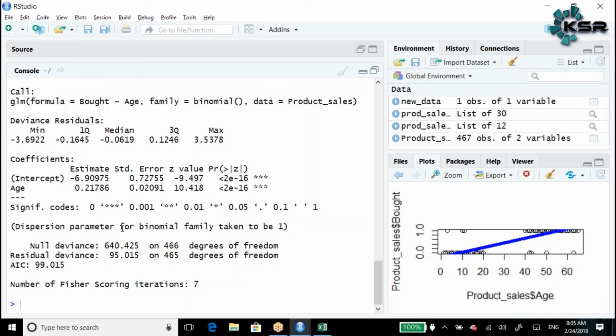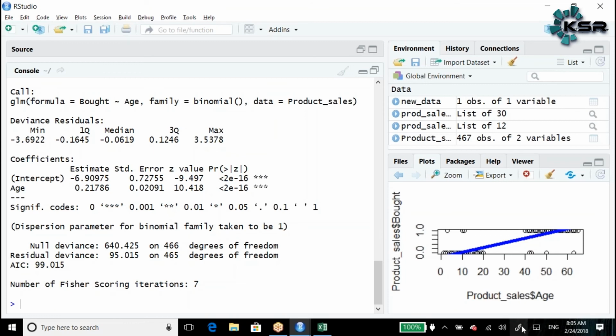We will get probability values. Let's say for the first record I got a probability value of 90%. Assume that A is the first customer. There is a 90% probability that A is going to buy the product.